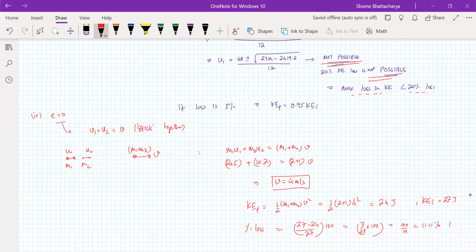Okay, so this much loss is there. So this also shows us the maximum possible percentage loss for this collision is 11.11%. That again reinforces this, that 20% loss is not possible.